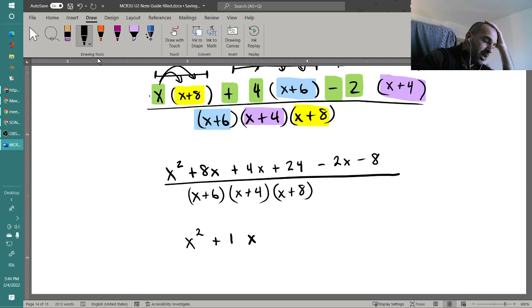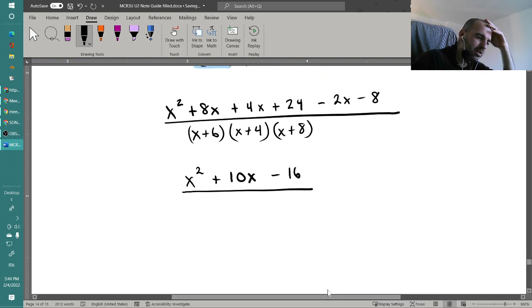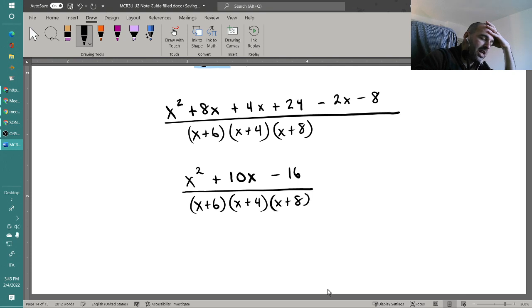It's supposed to be a 10. And then I've got a 24 and an 8 that end up giving me a 16, okay? And there we have it. x plus 6, x plus 4, and x plus 8.